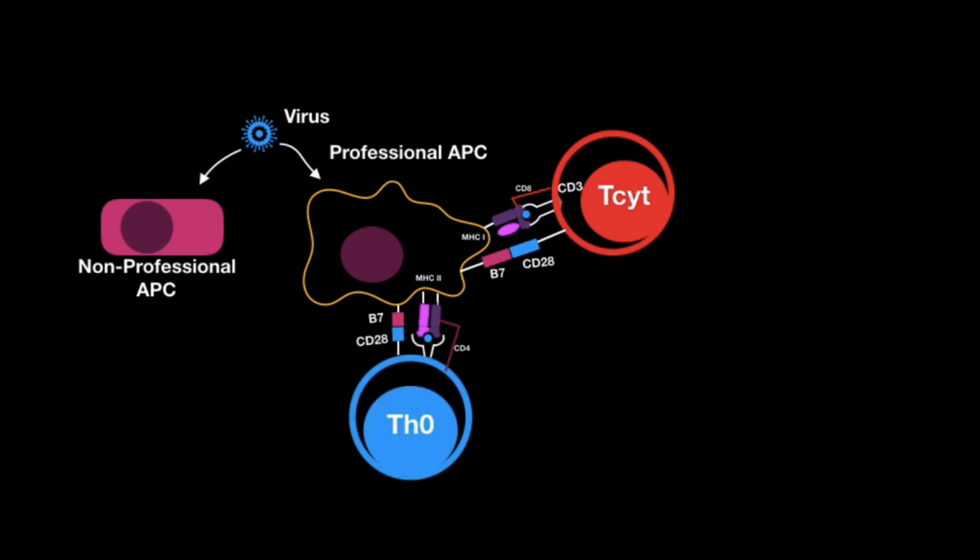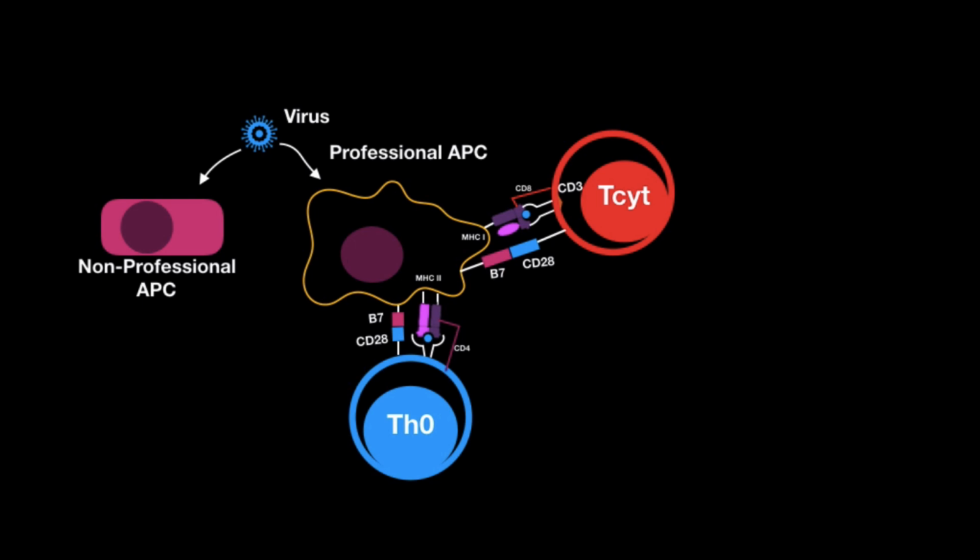So we need this professional antigen presenting cell to cross-present this peptide, this virus. And a dendritic cell is really good at cross-presenting because this cell is really big and it has dendrites which can extend to a lot of cells and activate many cells at the same time.